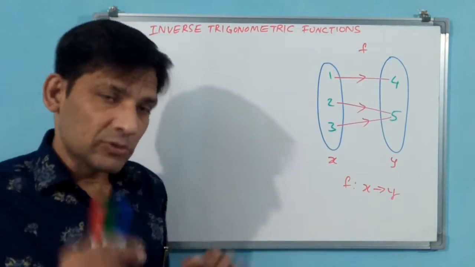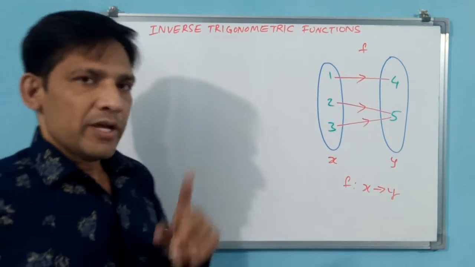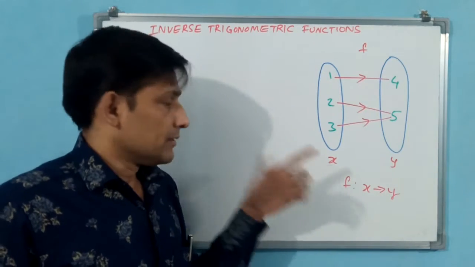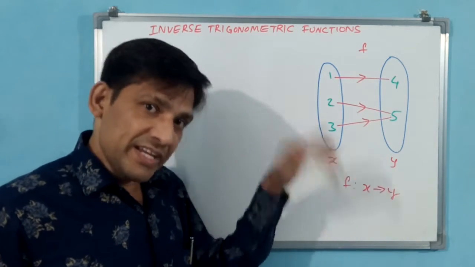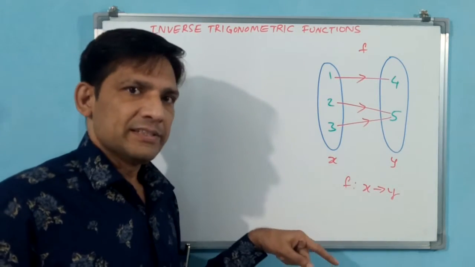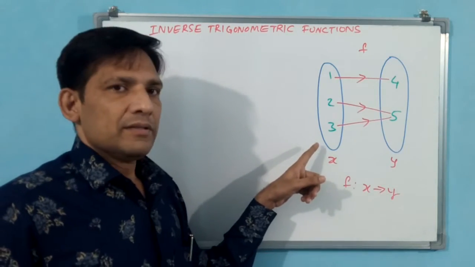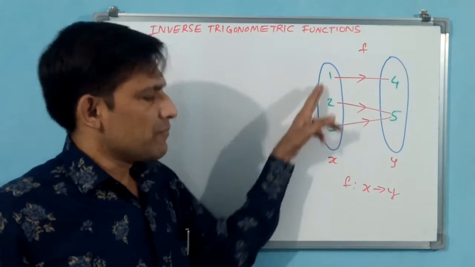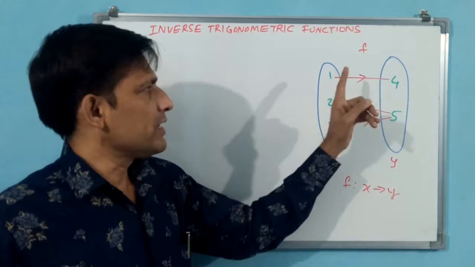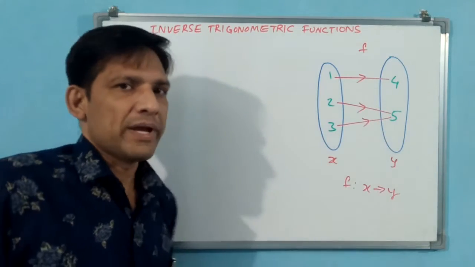When is it a function? First of all, it should have a relation. When in a relation, each and every element from the domain should have only one image in the codomain.